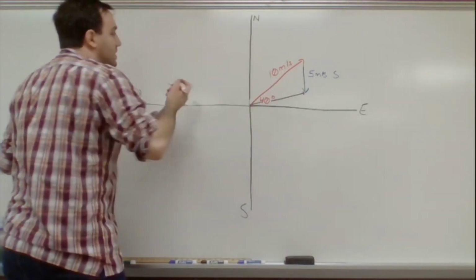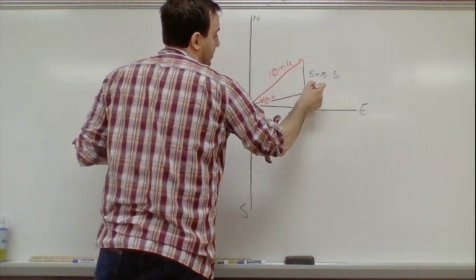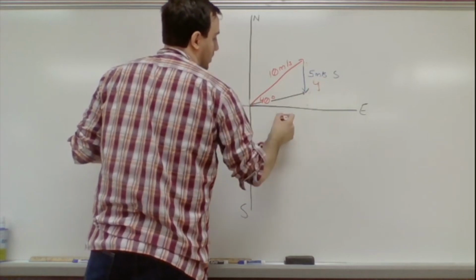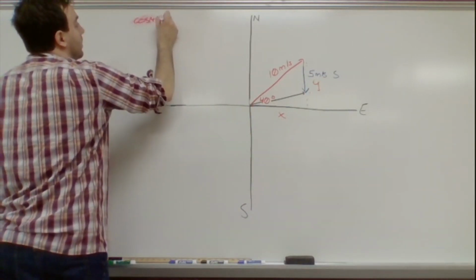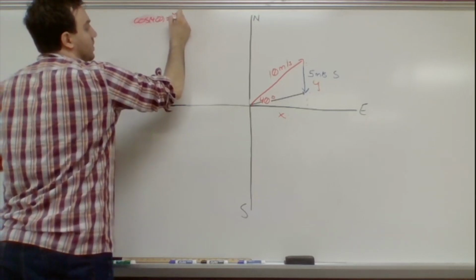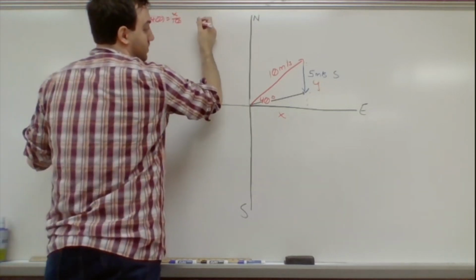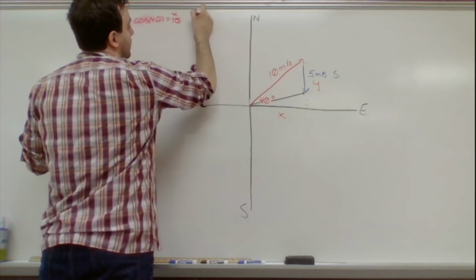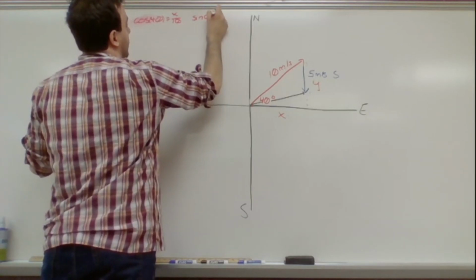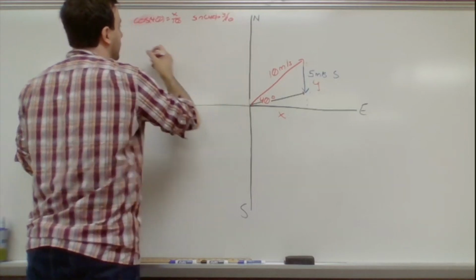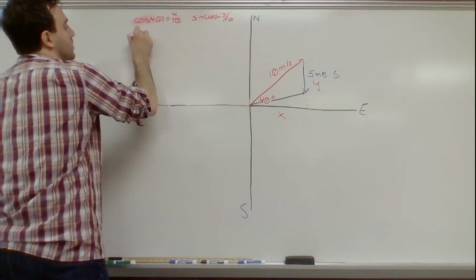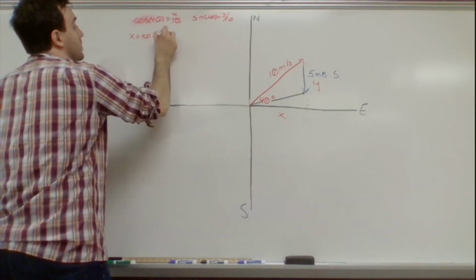Red is standard. Red is pretty easy. Cosine of 40 equals x over 10. Sine of 40 equals y over 10, which means x equals 10 cosine 40.